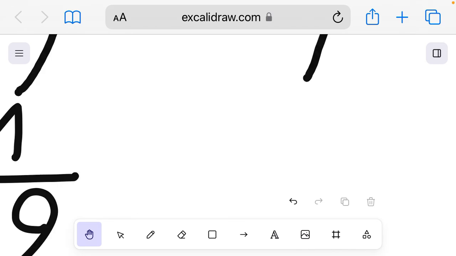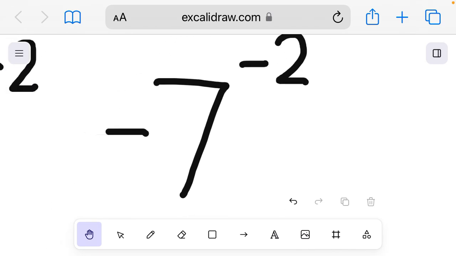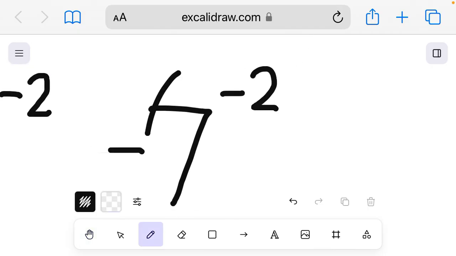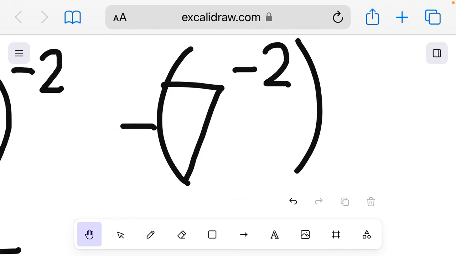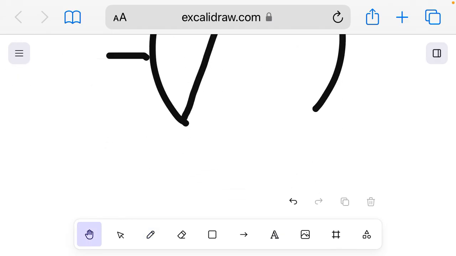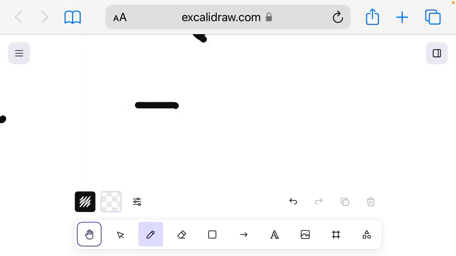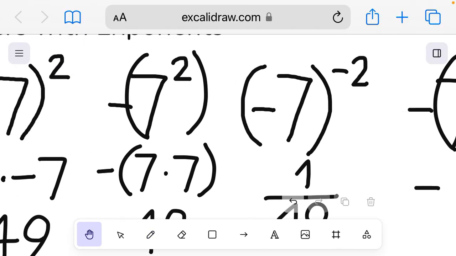Now on to the final problem. We have the negative of 7 to the negative 2. So let's see what the answer is. You know the rule, or the drill. We have the negative sign not attached, so you have to think like this. And then bring that negative sign down, and then follow the same rules.